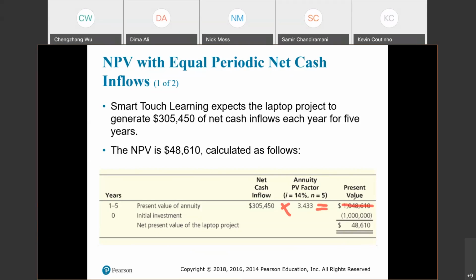And we use the present value minus initial investment, $1 million. We get the NPV for laptop project. It is $48,610, which is a positive number. So a positive NPV means the project earns more than the required rate of return.